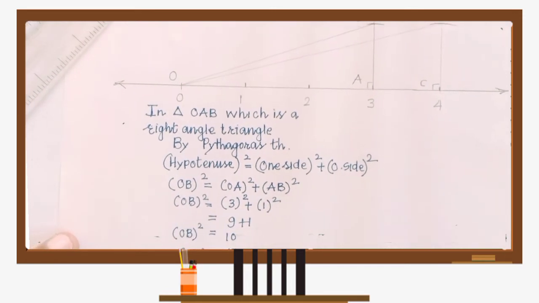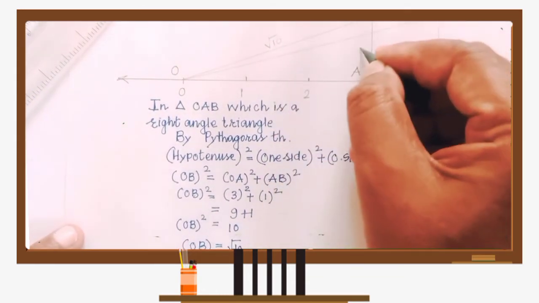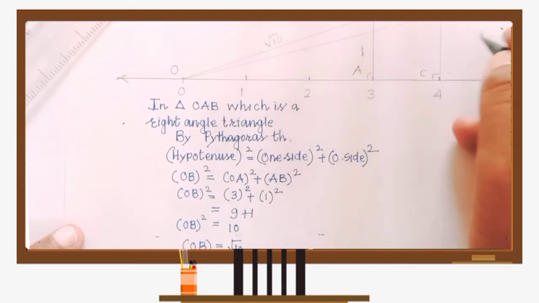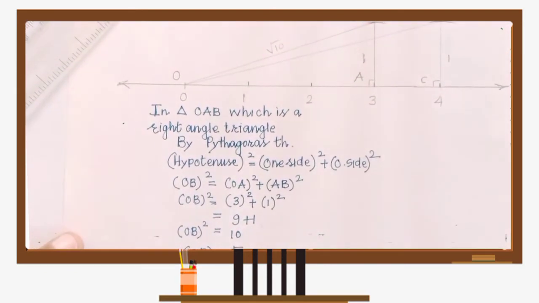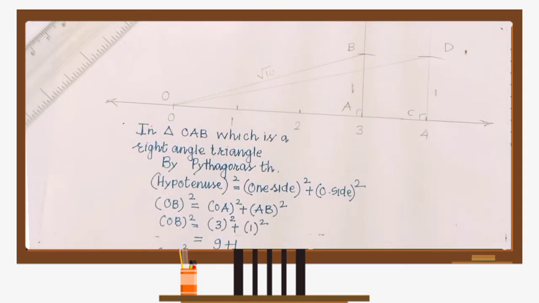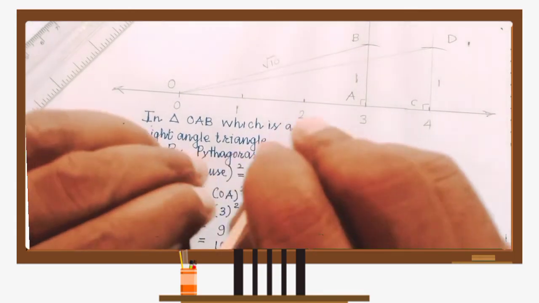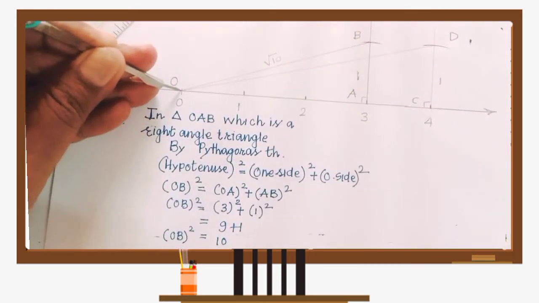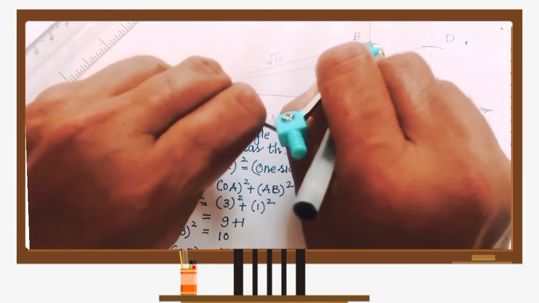ये root 10 हमको अभी मिल गया. This is our root 10. It is the 1 unit. This is also the 1 unit distance. Now project it on a number line. Number line पे हमको उसको प्रोजेक्ट करना है. Draw this point on the number line. You keep a needle point here, and a pencil point here.